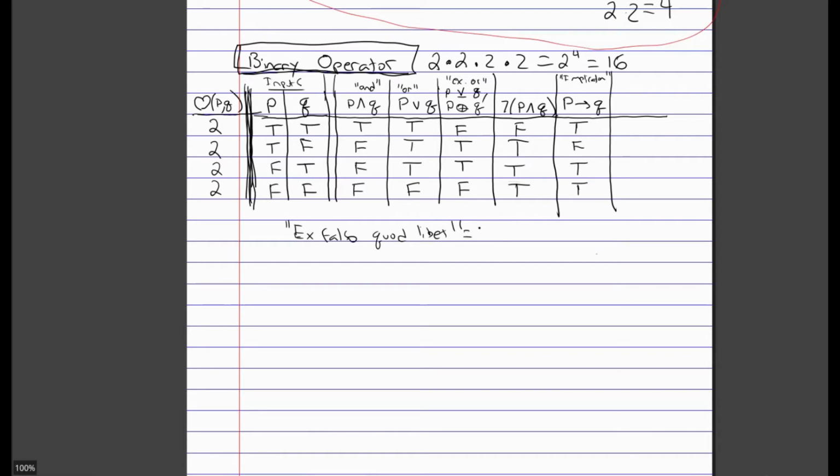Roughly translated, it means from a false assumption, anything follows. Right, and this is why the implication operation right here in this column takes on a value of true, even if you have that P is false and Q is true.